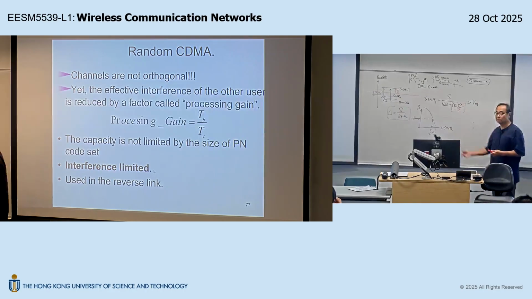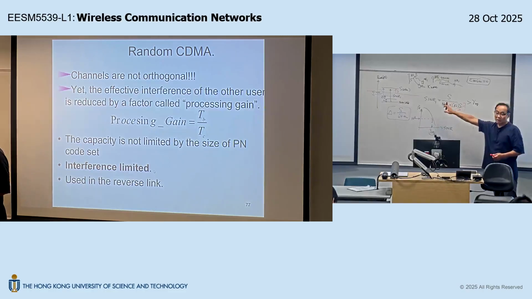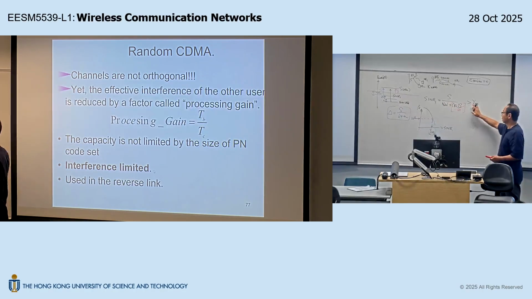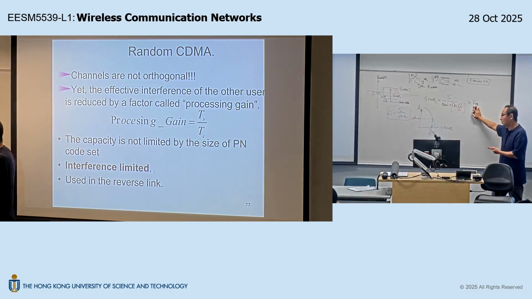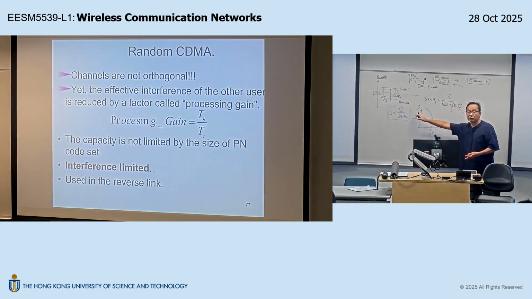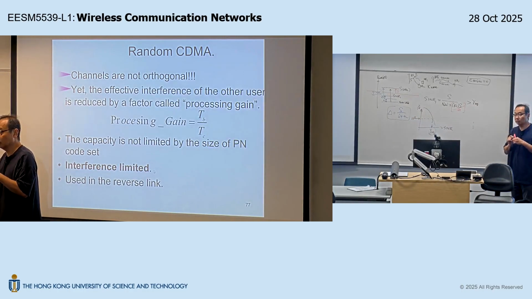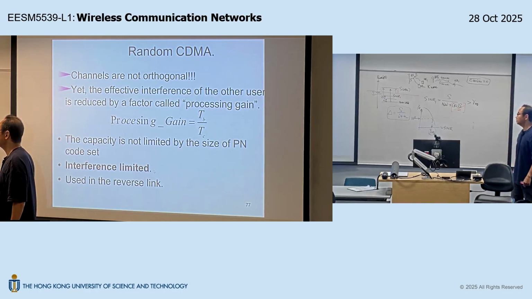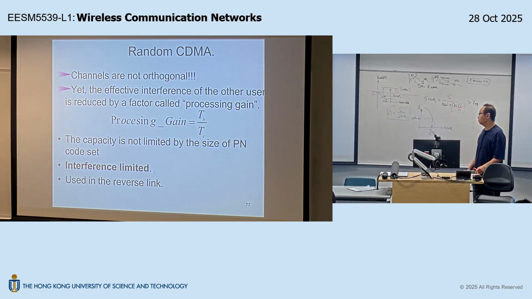Let's say this requirement is 7 dB. That means you need to make sure that the SINR for user 1 has to be larger than or equal to 7 dB. Because if you get below 7 dB, then the error probability will be higher than this target, and then you are not meeting the demand of the application. So this equation will give you the constraint on the number of users you can support.